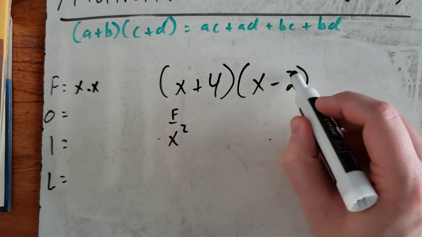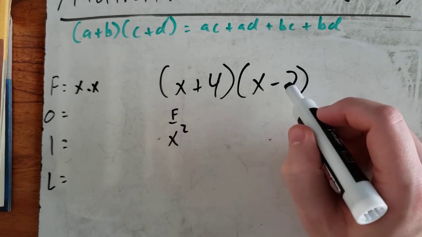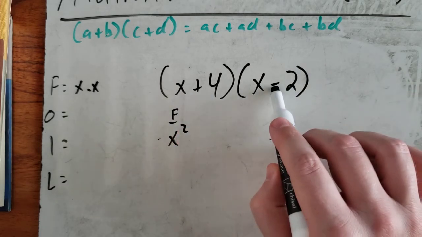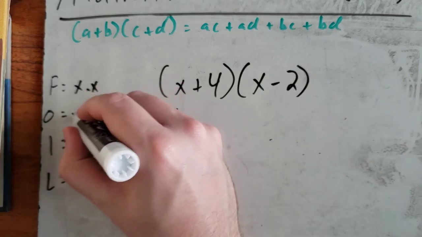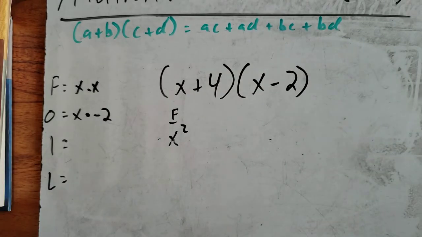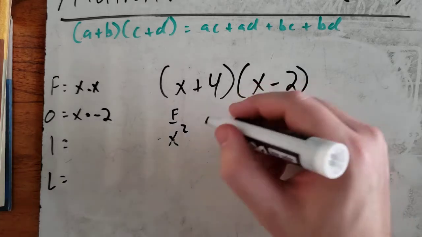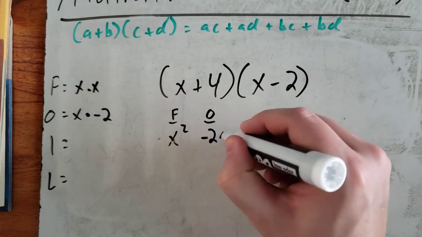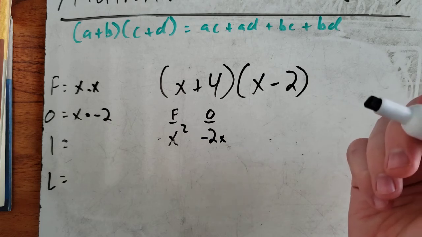If our minus sign is in front of our 2, it turns our 2 into a negative number, which means we're going to do x times negative 2. And when we do x times negative 2, our O is going to be a negative 2x.